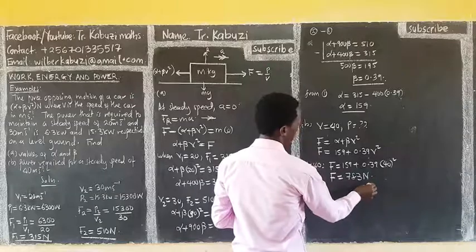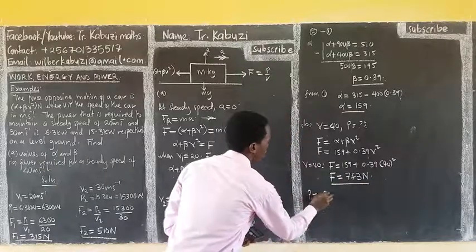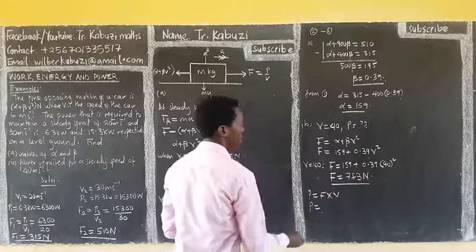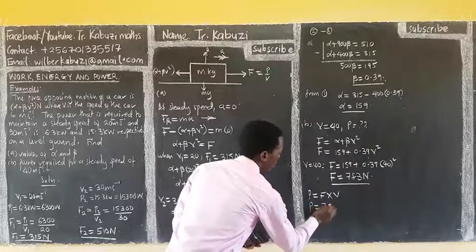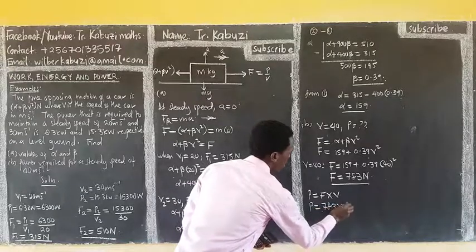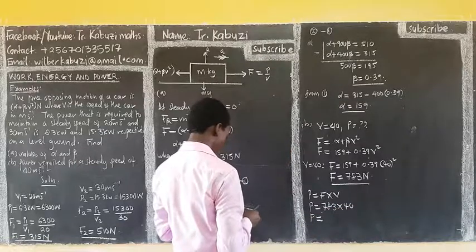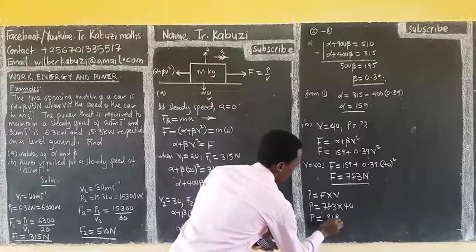I know that power is always equal to force times V. So my power is my force, 783, times 40, which is 31,320.